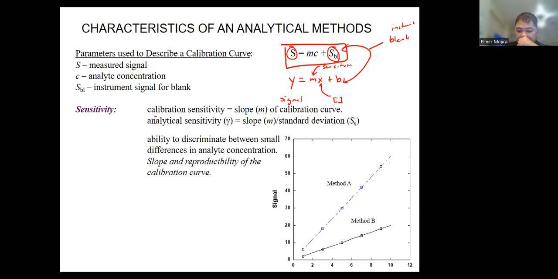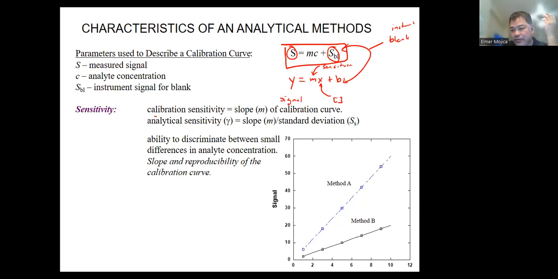Okay? So when you are asked to determine the sensitivity, you can differentiate it either as analytical sensitivity or calibration sensitivity.